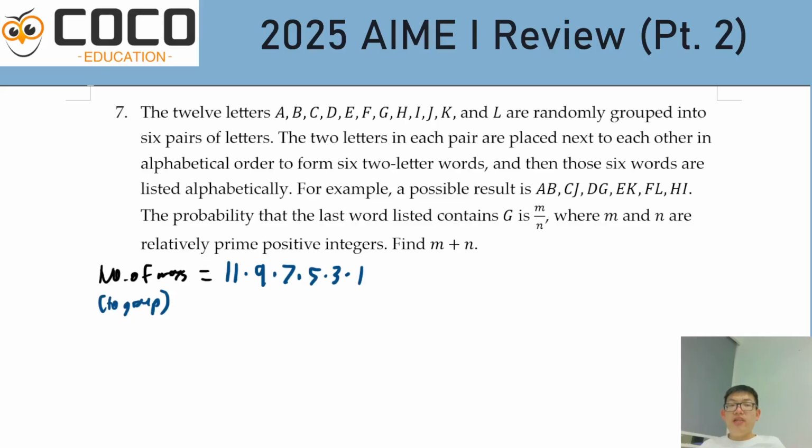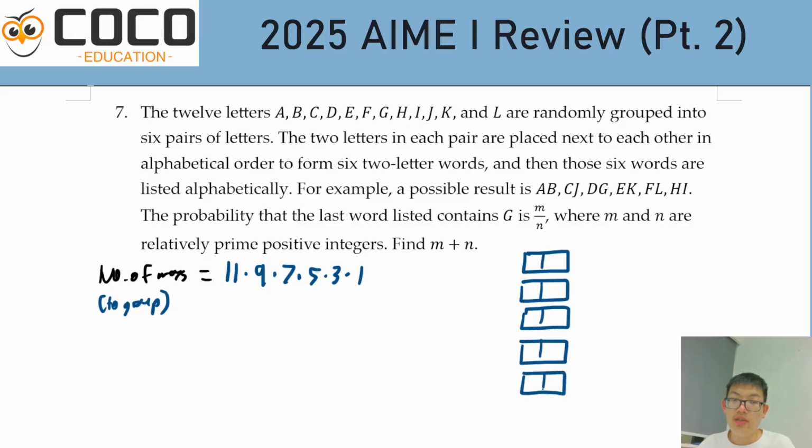Now, the next thing is I am trying to find the number of them where the last word contains G. And I feel like a good way to depict it would be as 6 dominoes, where each domino contains a letter. Effectively, what happens is that I am told that this is the ordering, is alphabetical, and I'm also told that this is going to be true.